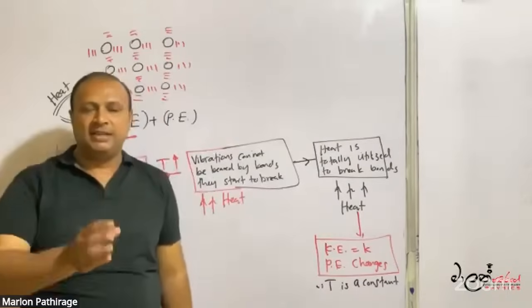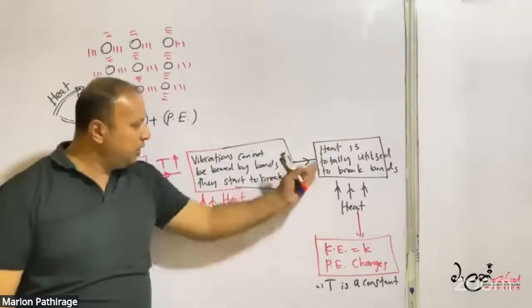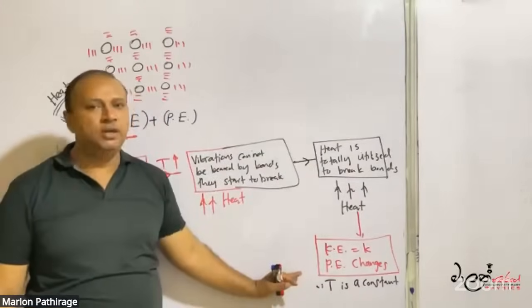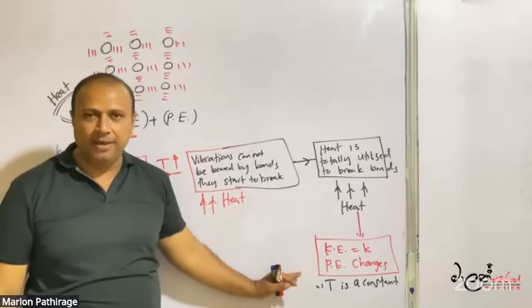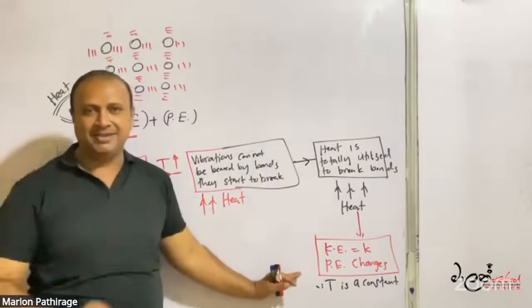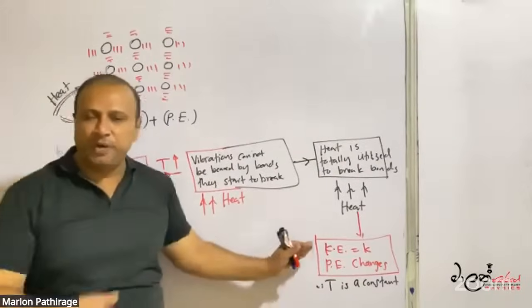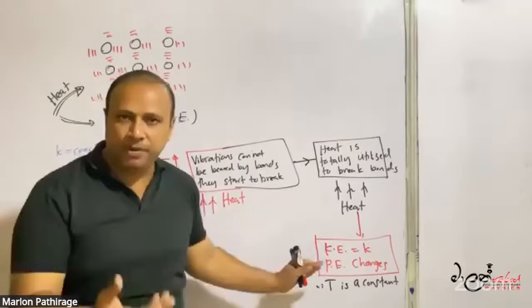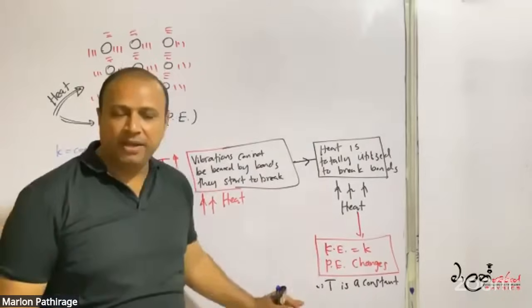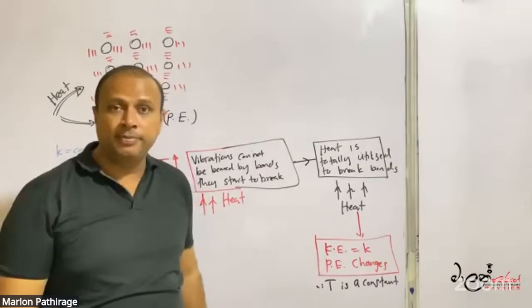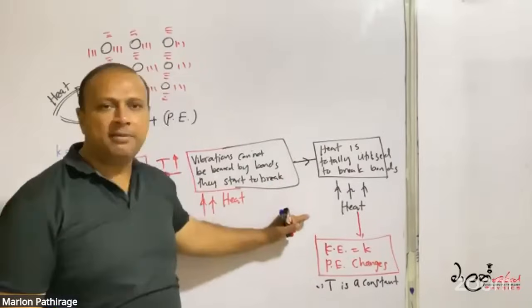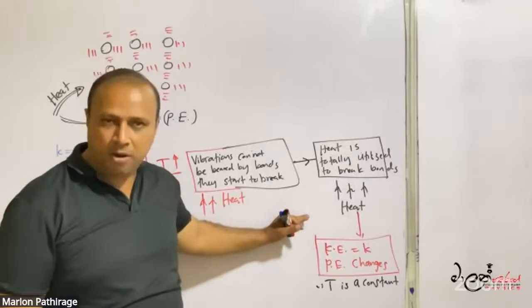That means it is very clear that during a phase change, temperature is constant. During a phase change, bonds are breaking. So the supplied heat is utilized to break the bonds.